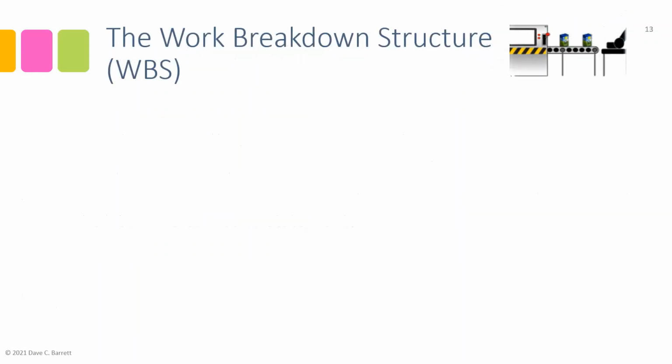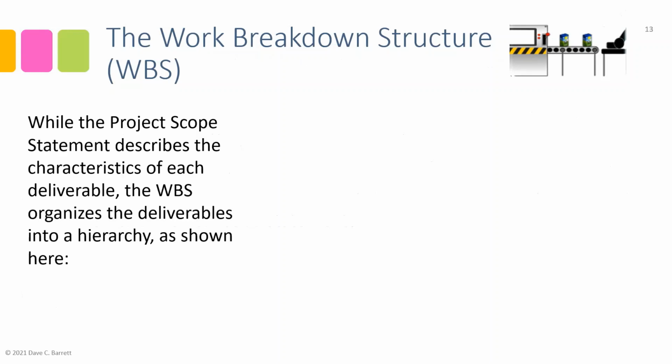Okay, now the second document we described: there was the project scope statement, and then there is the work breakdown structure, or WBS. This is an important planning document that is really fundamental to the planning process. While the project scope statement describes the characteristics of each deliverable, the work breakdown structure, or WBS for short, organizes the deliverables into a hierarchy, as shown here.